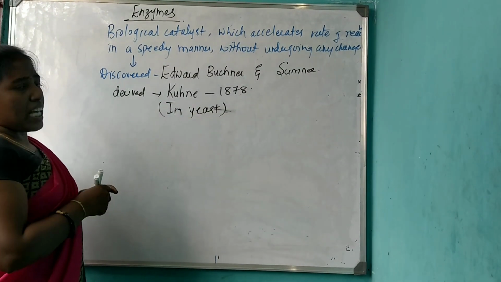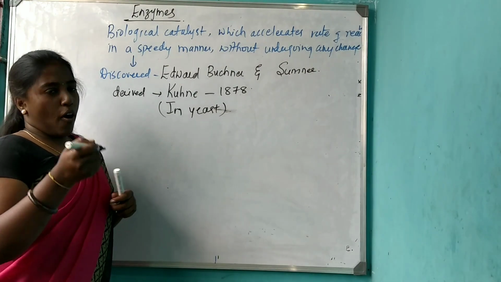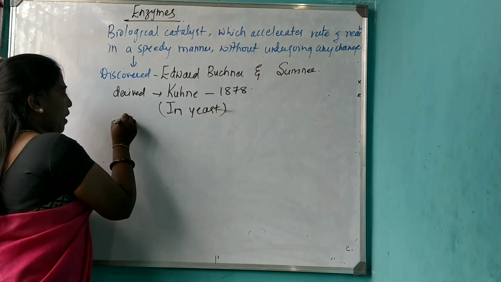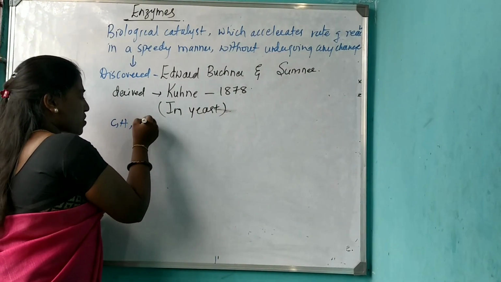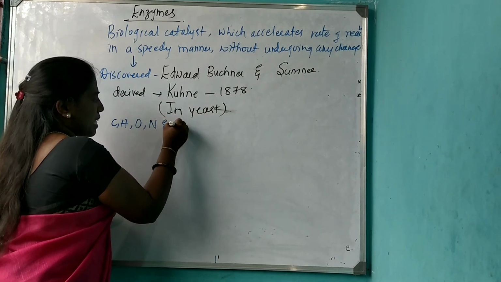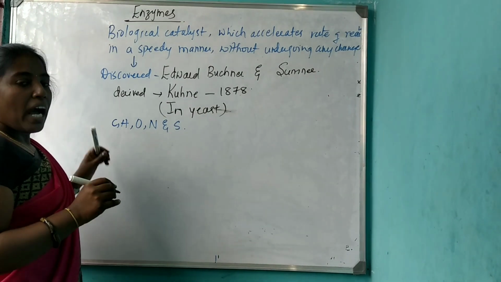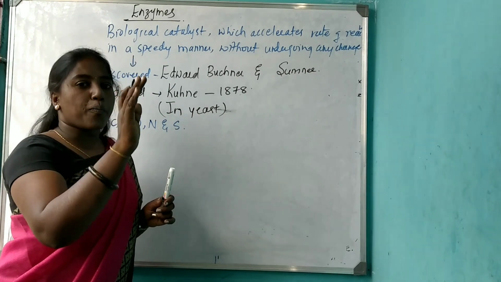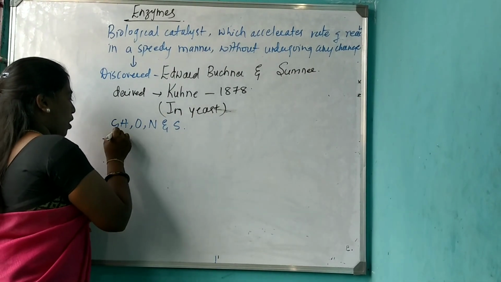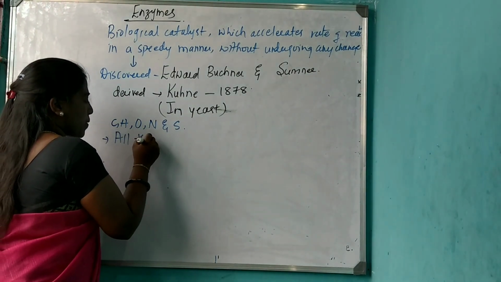When you see enzymes, they are chemically made up of carbon, hydrogen, oxygen, nitrogen and sulfur. All the enzymes are proteins. This is important.